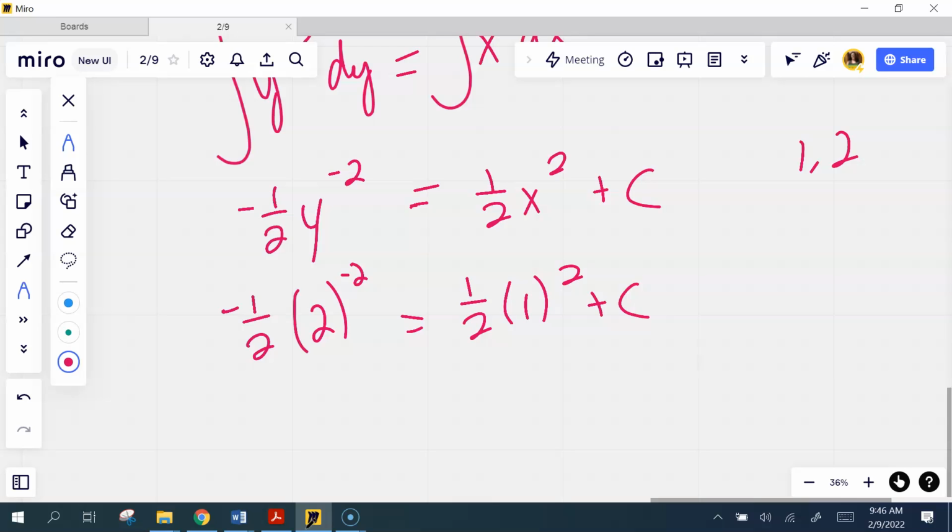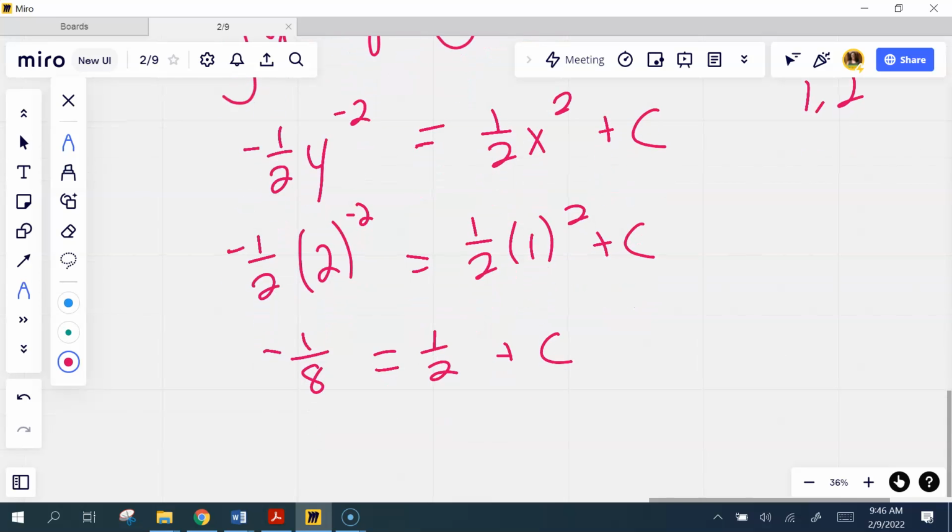So what's negative 1/2 times 4? I'm doing a lot of this in my head or on the paper, but you can use your calculator. This is a calculator problem, so use that to save yourself time. Negative 1/2 plus c. I subtract that 1/2 from both sides. And what do you get?